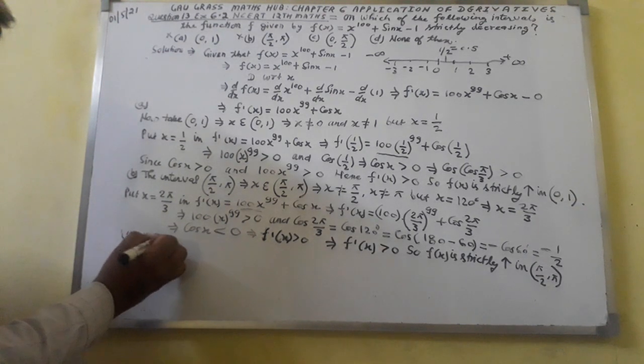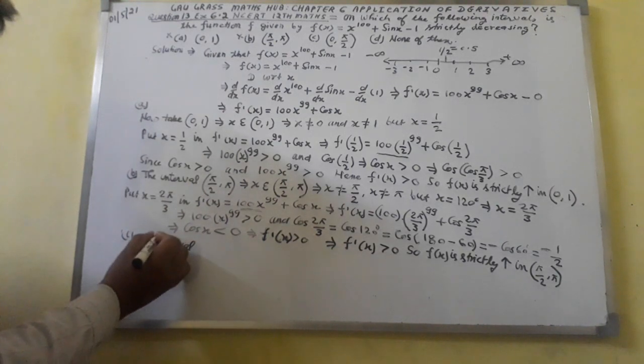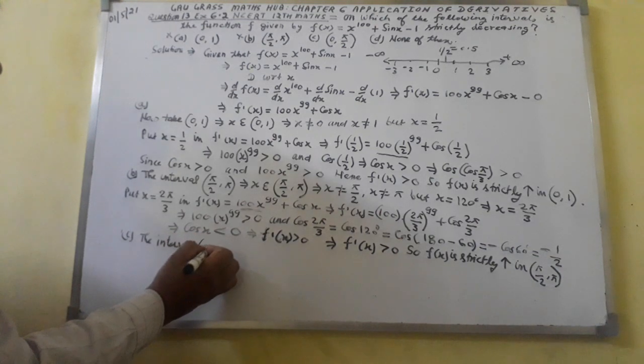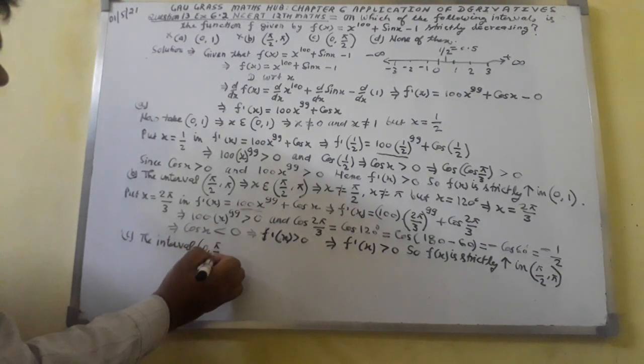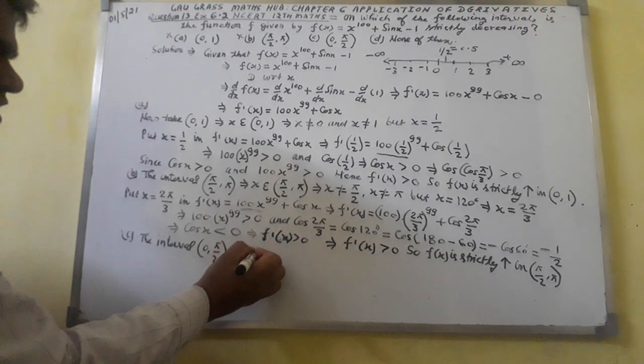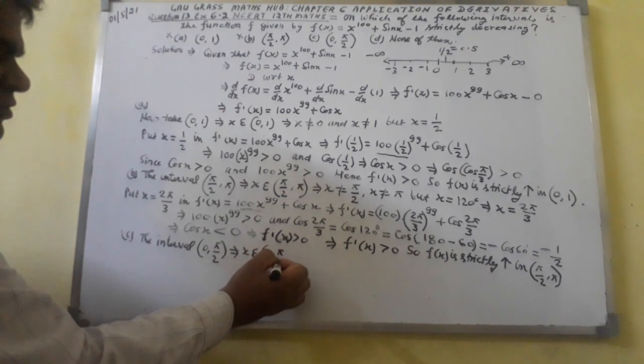The interval 0 comma pi by 2 implies that x belongs to open interval 0 comma pi by 2.